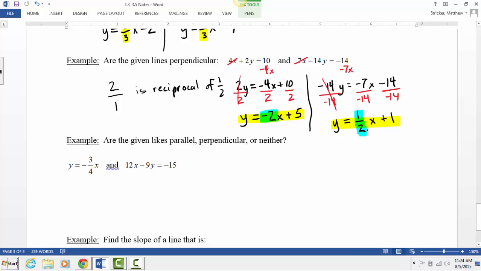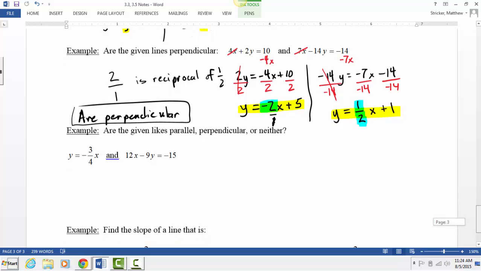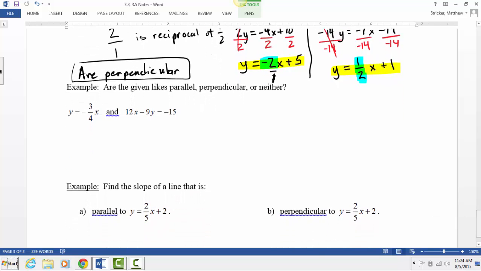So they're different signs and they're reciprocals. This can be thought of as 2 over 1. Since this is the case, they are perpendicular. So just to review, if you want to check to see if lines are perpendicular or parallel, you just compare the slopes.